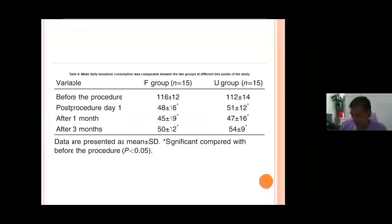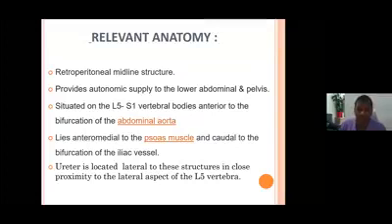Thereafter, we want to know the anatomy of the superior hypogastric block. The main point is that this is a retroperitoneal midline structure formed by the upper lumbar and lower thoracic sympathetic chain, along with the aortic plexus.